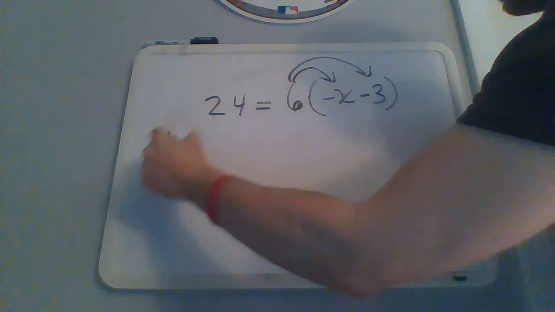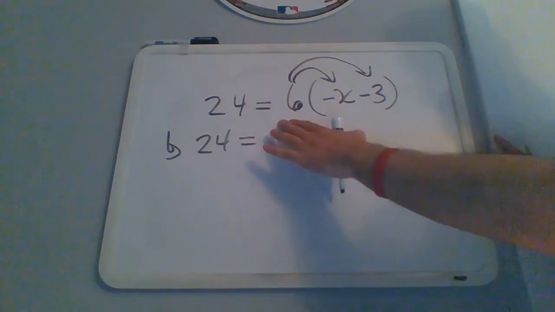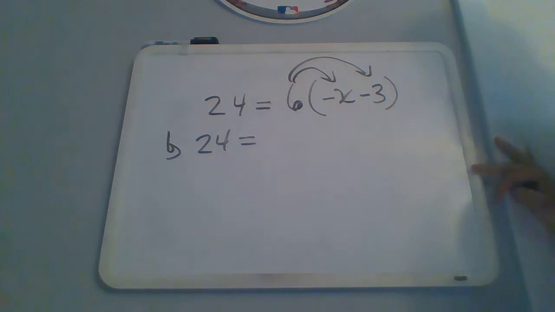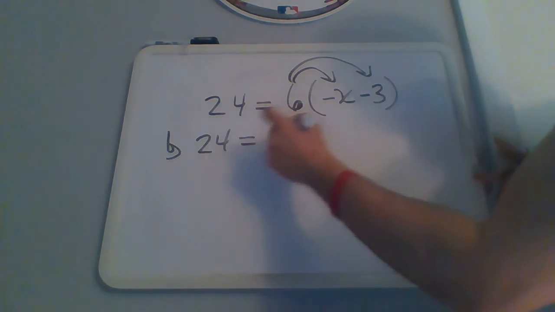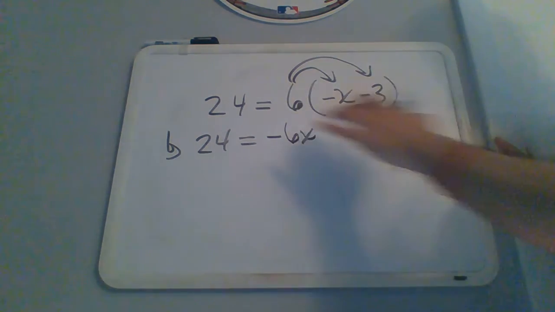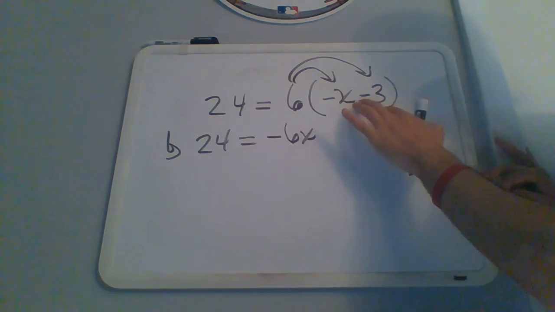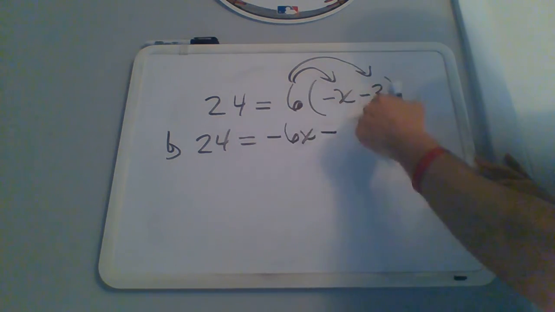So when we rewrite this, 24 equals positive 6 times negative x. When you're multiplying, if the signs are different, it's negative. So 6 times negative x is negative 6x. And positive 6 times negative 3, again, the signs are different, so it's negative. And 6 times 3 is 18.